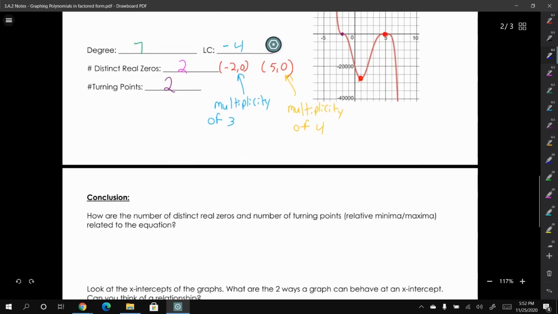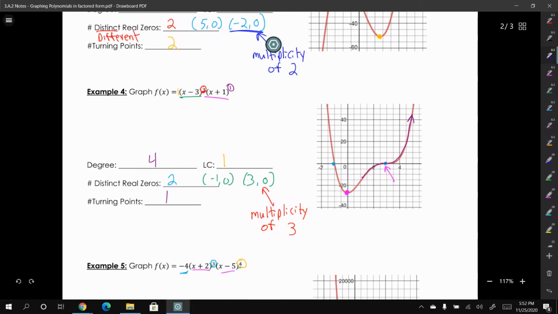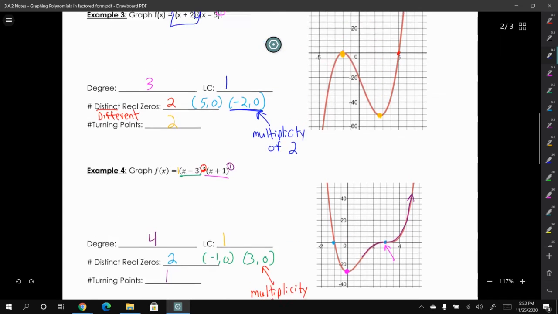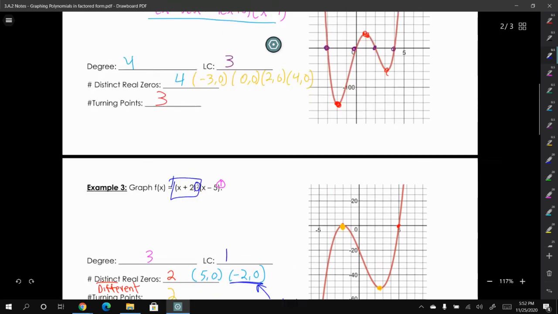So if we look at the number of zeros in our equation, example 5 had 2 zeros and degree 7. Example 4 had 2 distinct zeros and degree 4. Example number 3 had 2 distinct zeros and a degree 3. So far the number of distinct zeros has been lower.